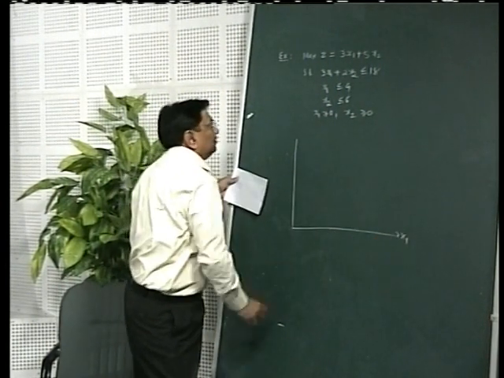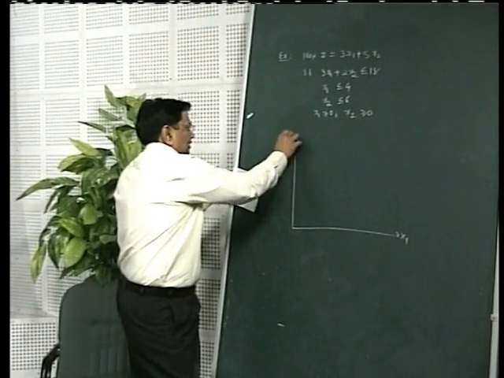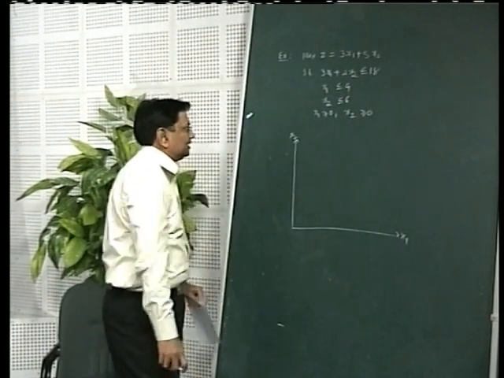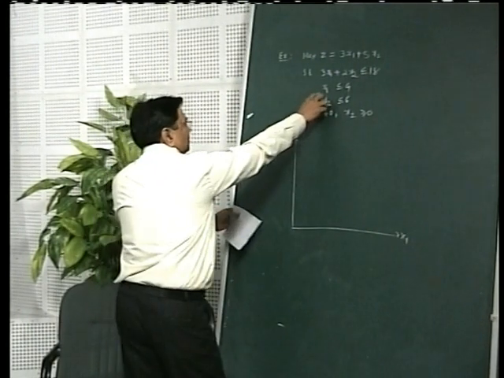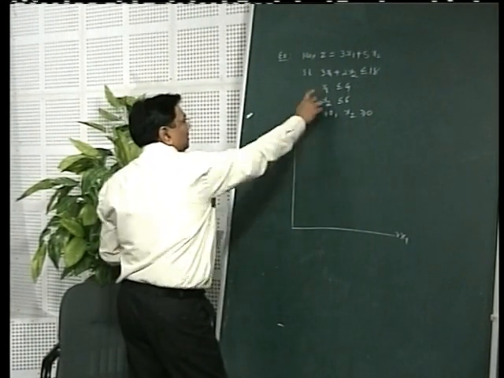This is our x1 axis, this is x2 axis. These two constraints are very easy to view.